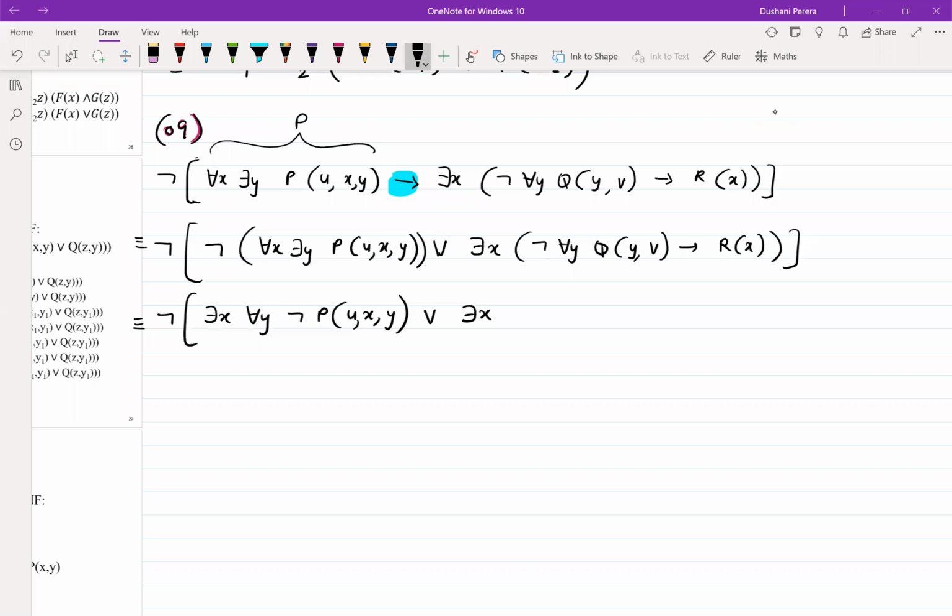Now, since I have another implication here, I'll get rid of that implication as well. Some x negation P, where P is negation all y, which means the negations get cancelled.